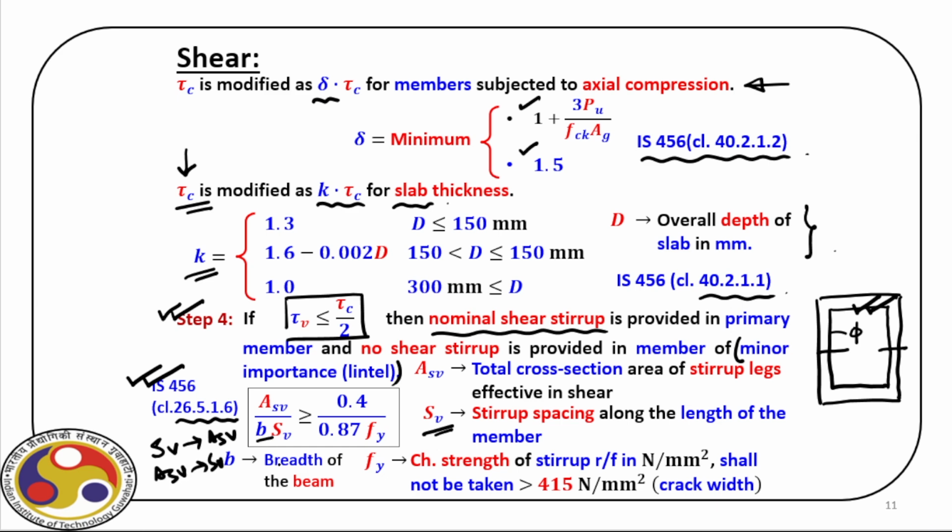Now here b is the width of the beam and fy is the characteristic strength of the shear stirrup. There is a limiting clause that we can go up to a maximum of 415 for this fy value in case of shear reinforcement design.